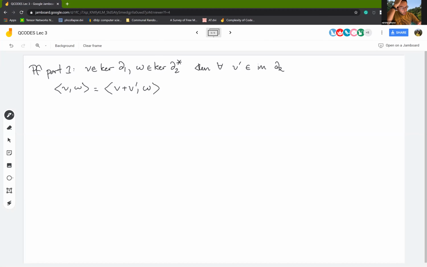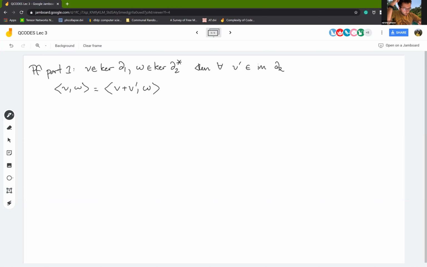What this means is, if I take an operator in the kernel of delta 1 and consider any other operator V plus V prime, which is just moving that operator by something in the image of delta 2, its inner product with any X check should be the same.